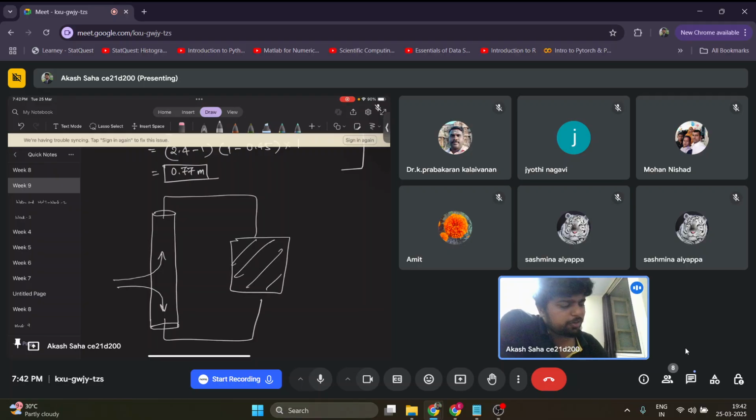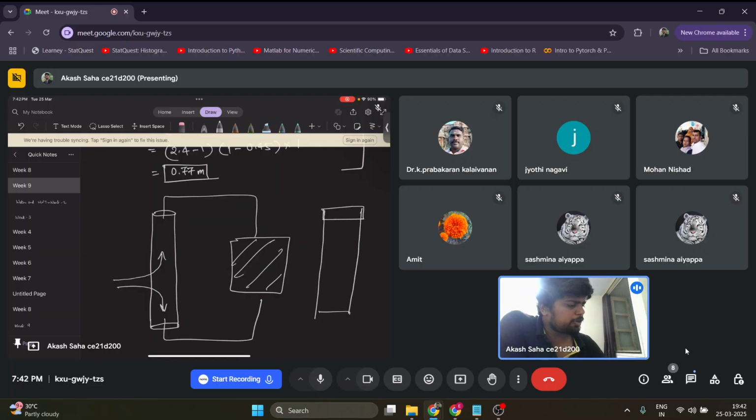The permeate will be going through the tubular membranes. Now one tubular membrane module will have hundreds or thousands of tubes like this.